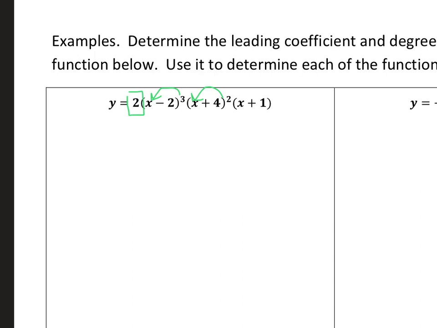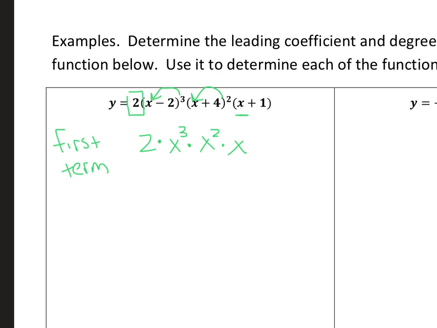So if I look at this whole thing for the first term only, I've got 2 out front. I'm going to end up here multiplying that by an x cubed. Then I'm multiplying that by an x squared. And finally, I have this x here.